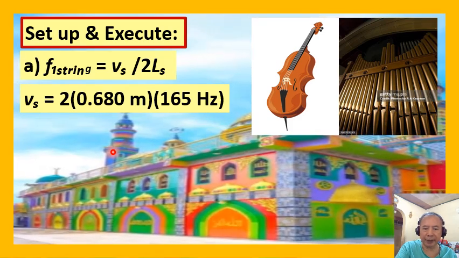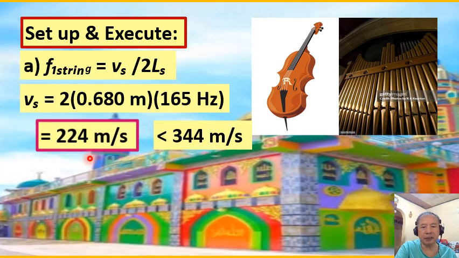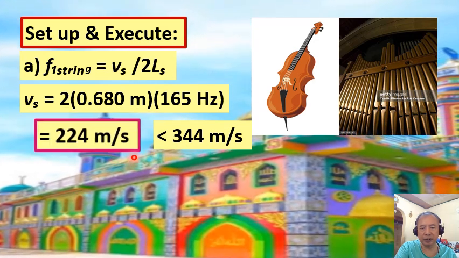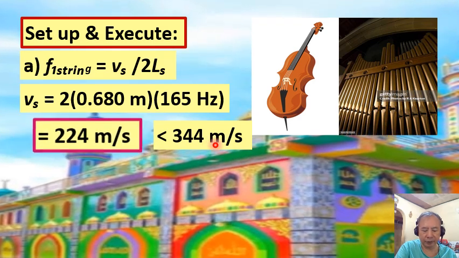So when you simplify this, we get the value of the speed of the wave in the string equal to 224 meters per second in three significant figures.